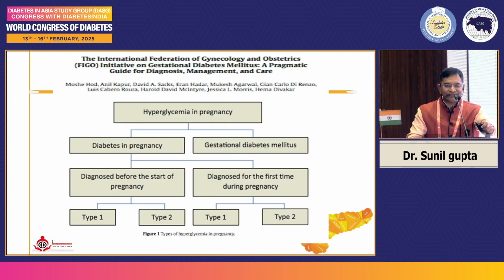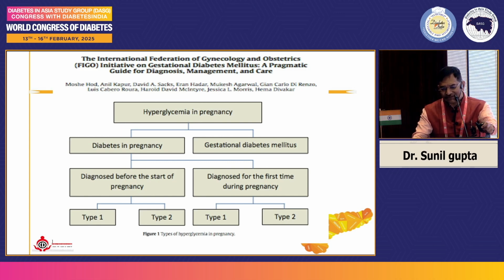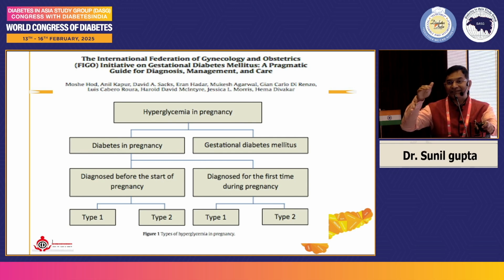This is a classification by FIGO that HIP has been divided into two: DIP, which is diabetes in pregnancy, and gestational diabetes, which is diagnosed during pregnancy. So DIP is one category where you have known type 1, type 2 becoming pregnant, or those who are diagnosed for the first time during pregnancy because they have never tested, but it matches with the cutoffs of known diabetes, like 200 post glucose, or fasting more than 126, or random blood glucose more than 200, or HbA1c more than 6.5.